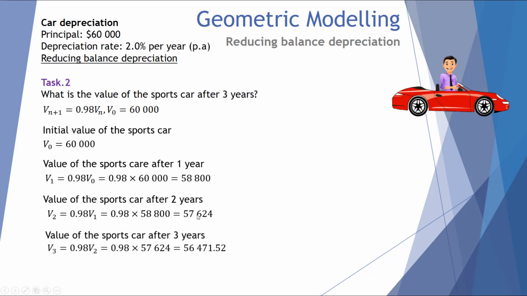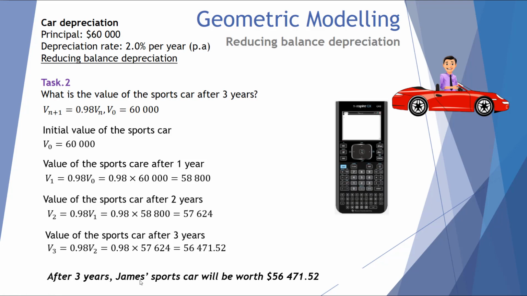And finally, we take that value, V2, and multiply it by our growth rate of 0.98, and that will further reduce it after 3 years to $56,471.52. So, after 3 years, James's sports car will be worth $56,471.52.